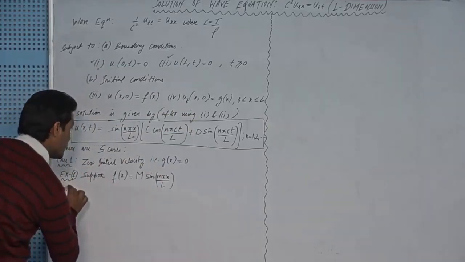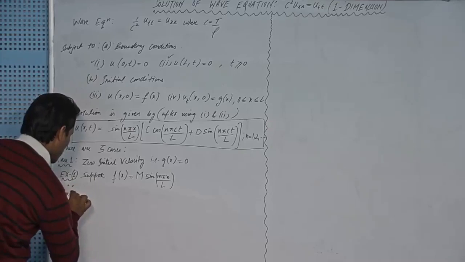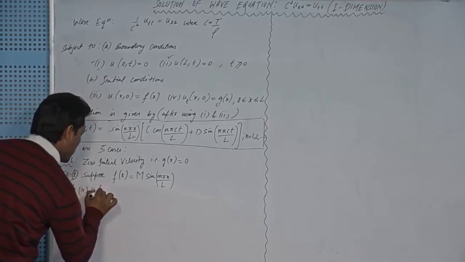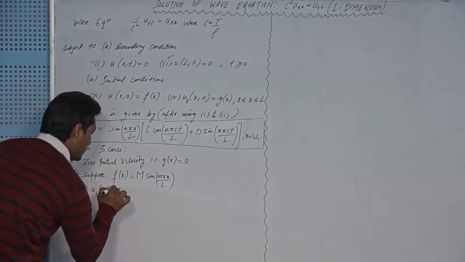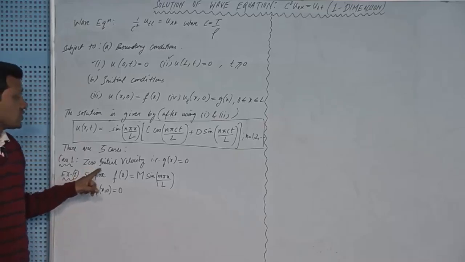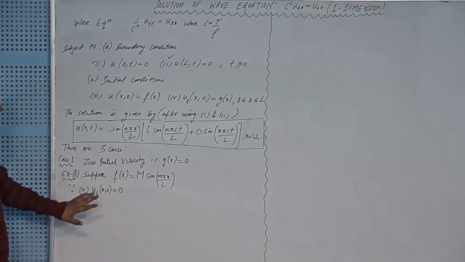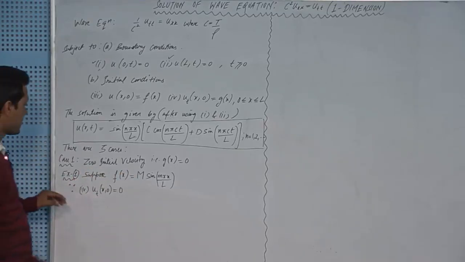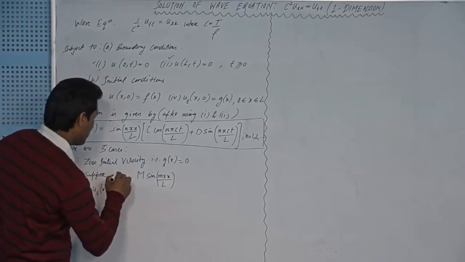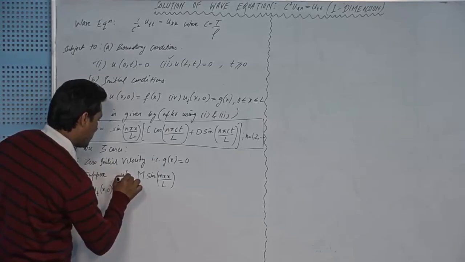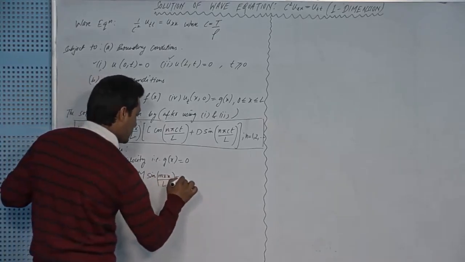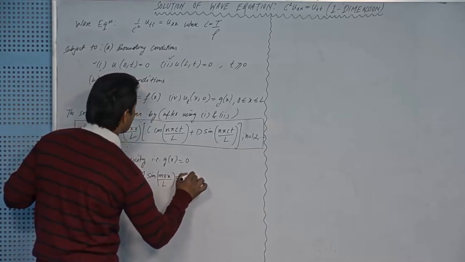Since condition number 4 is now u_t(x,0) equal to 0, meaning the initial velocity is 0, we are discussing the case with 0 initial velocity. I will impose this condition first. I should say this as condition number 2: u(x,0) equal to f(x).